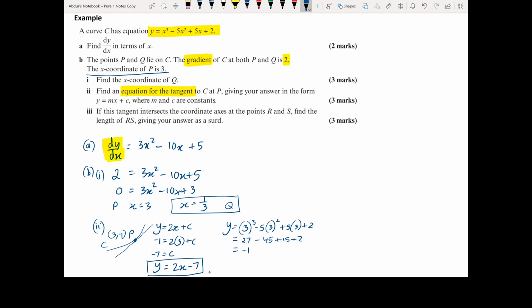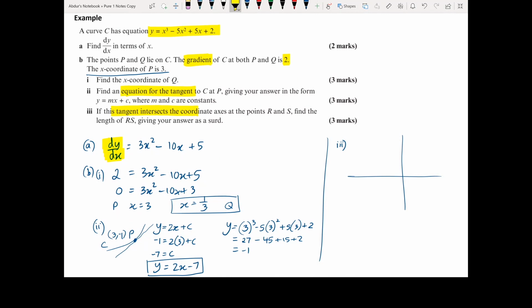Part 3 of the question. If the tangent intersects the coordinate axes at the points R and S, find the length of RS, giving our answer in surd form. So let's draw an axis here. We are really interested in the tangent.